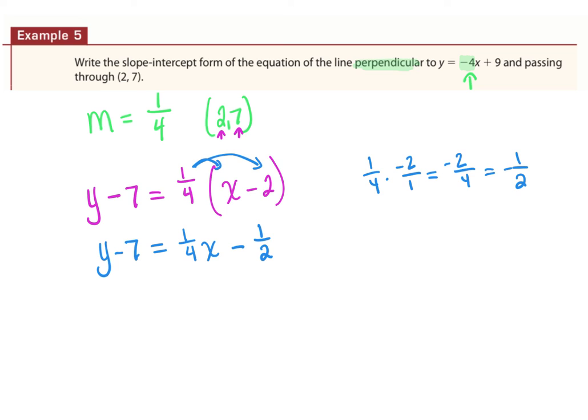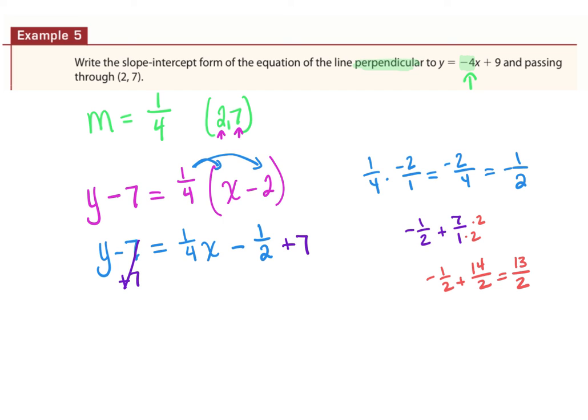I am not done. I need y by itself if I want it in slope-intercept form. So I need to add 7. All right. Remember, I'm adding negative 1/2 and 7. What do I need here? Common denominator. So multiply top and bottom by 2. So negative 1/2 plus 14 halves is going to give me 13 halves.